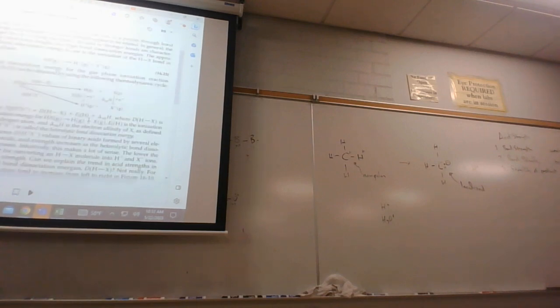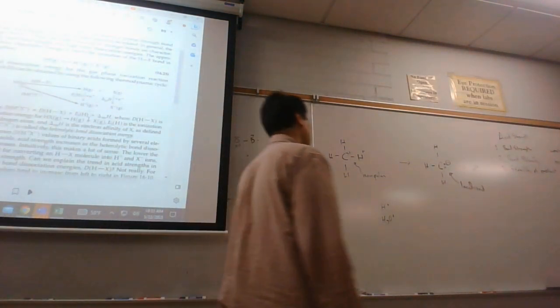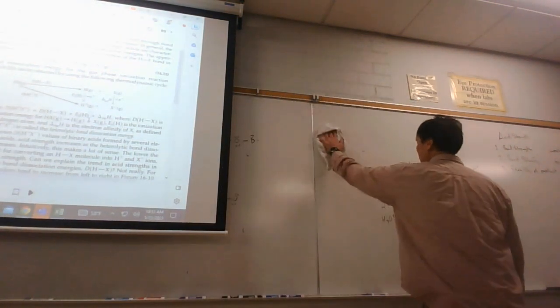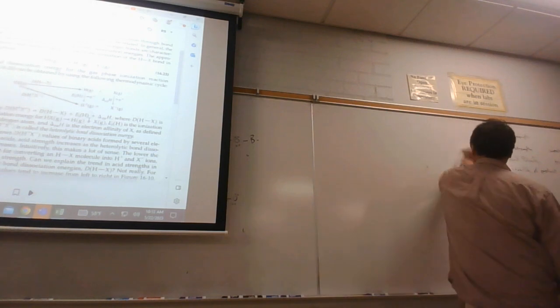So bond energies is the first one we look at. So this is how do you break the bond? There are two ways of breaking bonds. We can break bonds heterolytically, or we can break bonds homolytically, and they require different energies. We're not going to get into it too heavily.